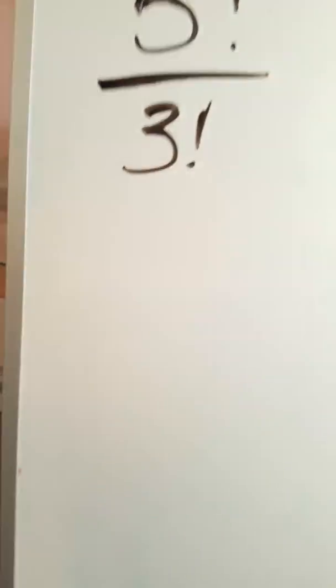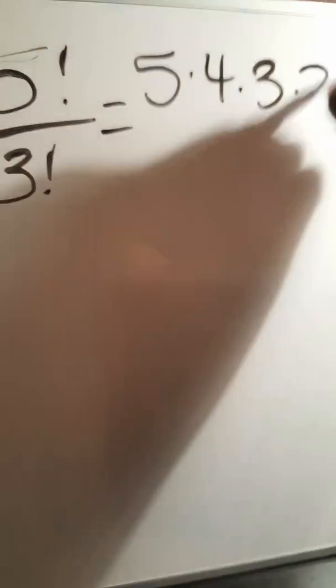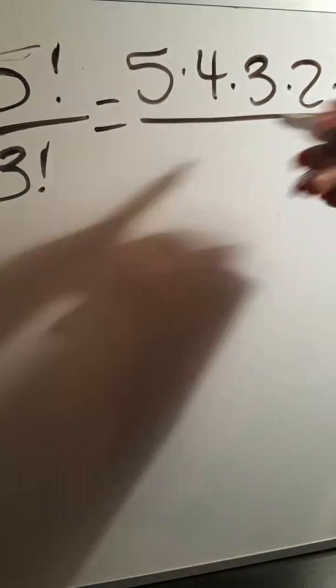My little makeshift board wants to move everywhere, and so does my makeshift eraser. All right, so I'm going to do an example before I do the examples they gave you. If we had 5 factorial divided by 3 factorial, we can go 5 times 4 times 3 times 2 times 1, which is what we know to do, and 3 times 2 times 1.